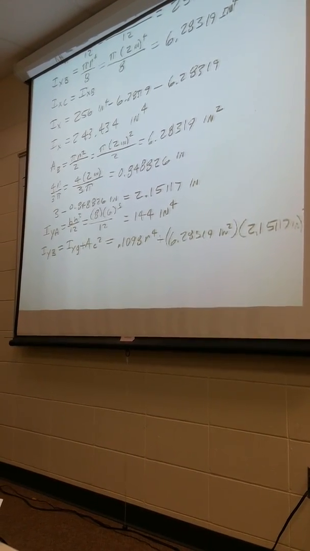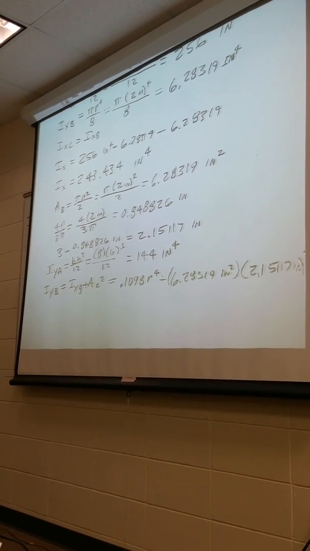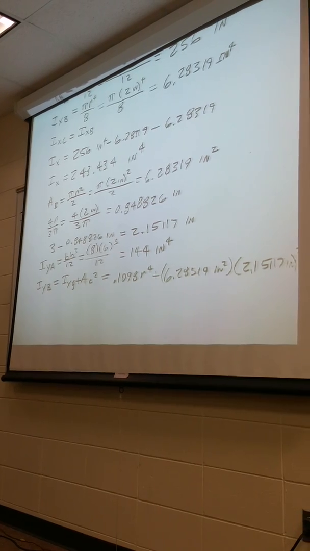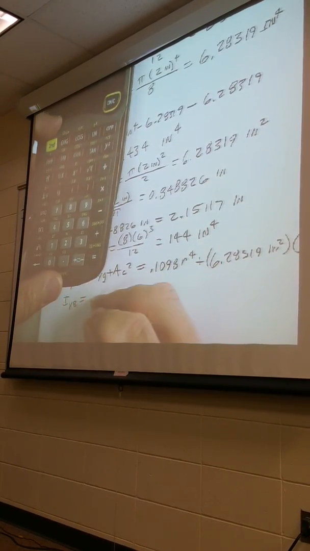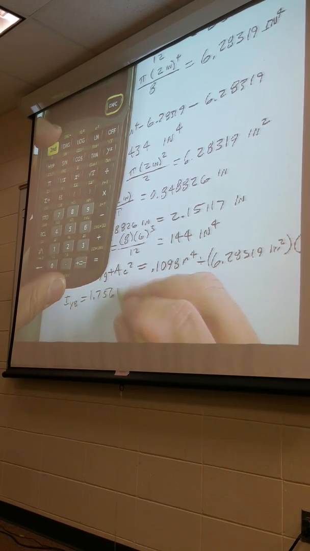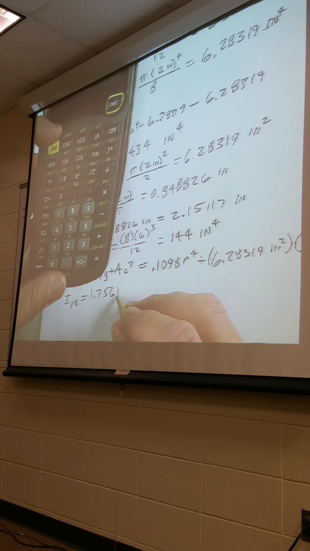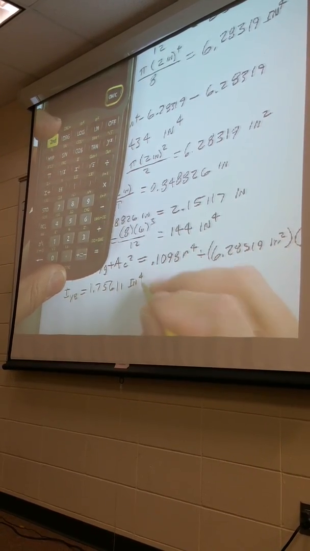Alright, so the 0.1098 times the radius, 2 raised to the power 4, is 1.7561 inches to the 4th.